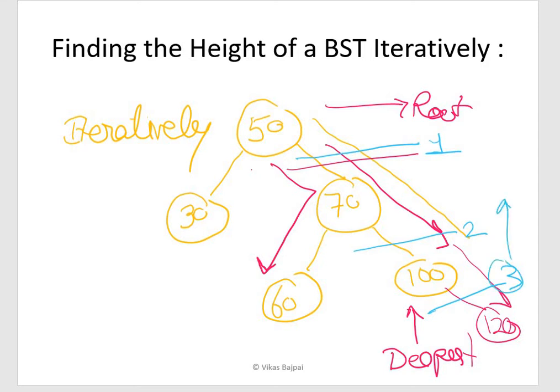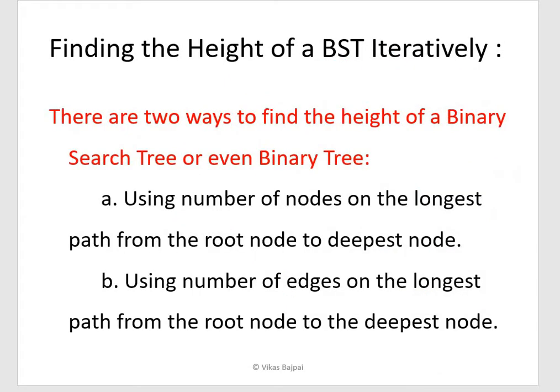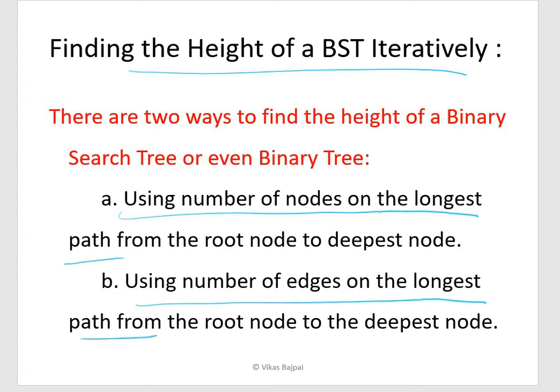Add 1 to it, you'll get the height of your binary search tree. So let's quickly glance through what basically we are saying. Finding the height iteratively. So two approaches: using the number of nodes on the longest path, or using the number of edges on the longest path, and you're done with finding the height of binary search tree.